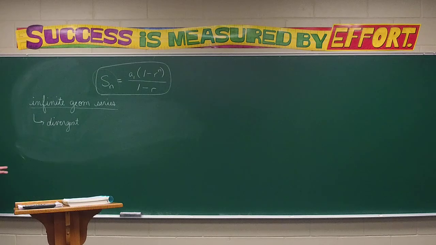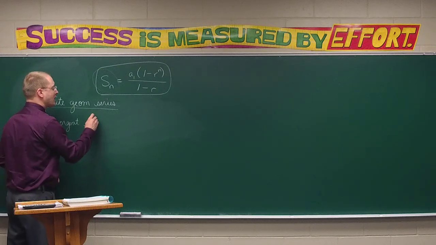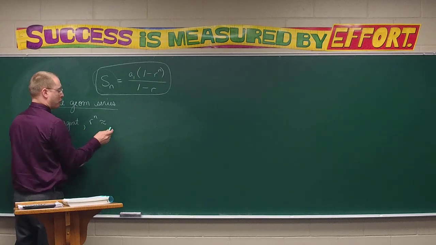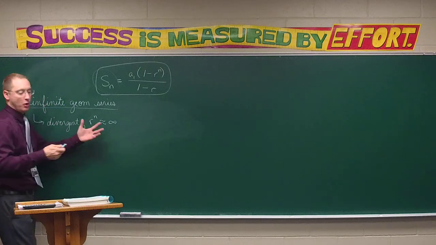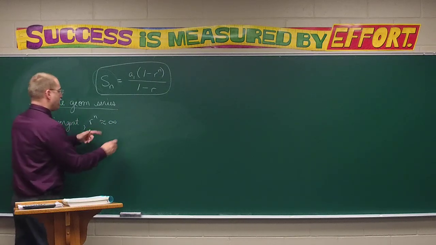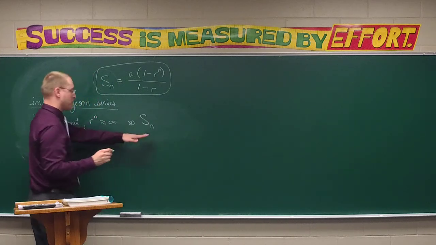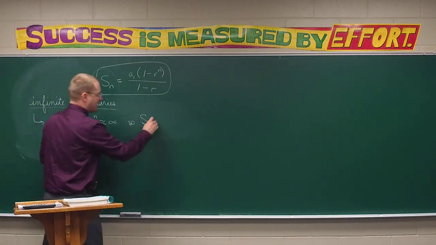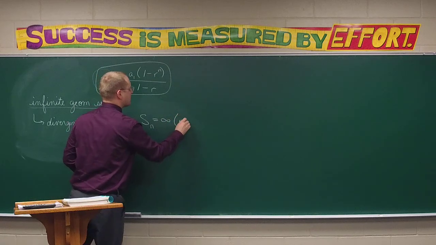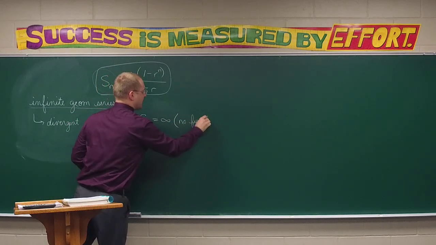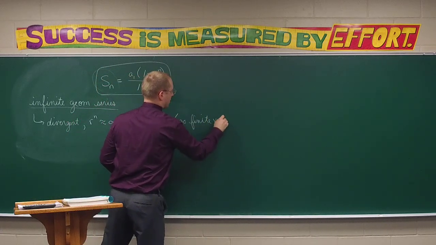Or you have all these terms, including negative infinity, together, you're going to get negative infinity, right? So if it's divergent, because the r sub n is practically equal to either infinity or negative infinity, then the sum of all of those infinite terms is going to be infinity, or we would simply say no finite value.